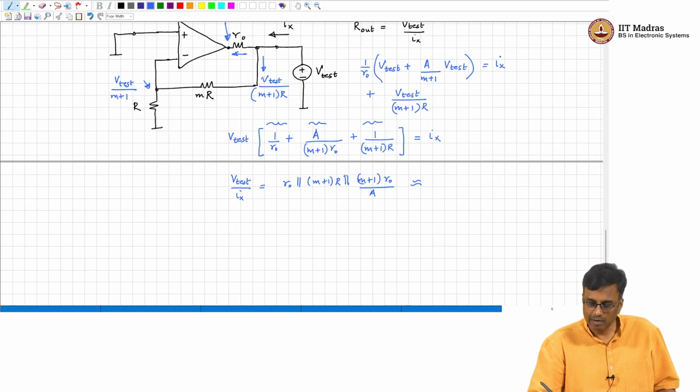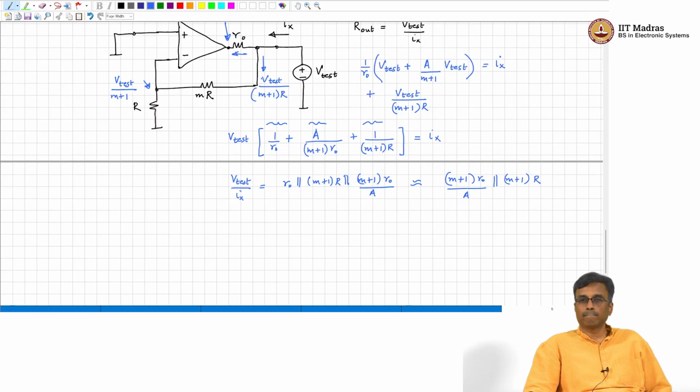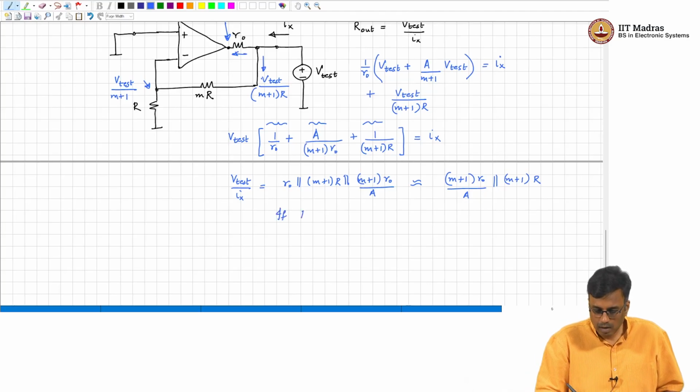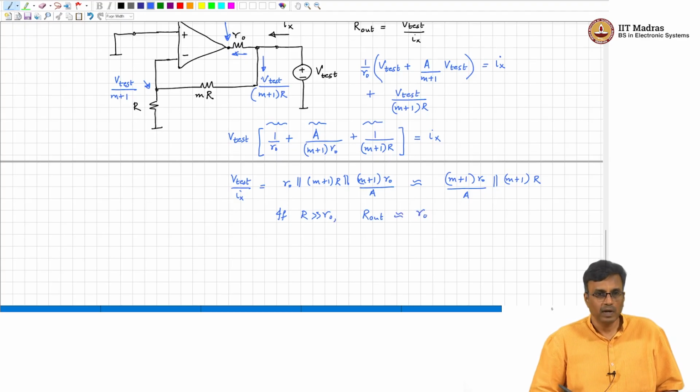So, you basically will find that this is m plus 1 times R naught by A in parallel with m plus 1 times R. And if R is larger than R naught, then the output resistance R out is approximately the output resistance of the op amp divided by A by m plus 1.